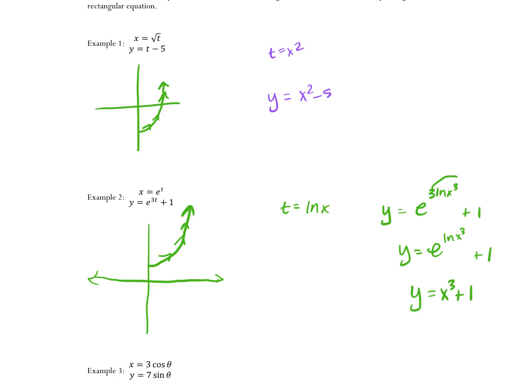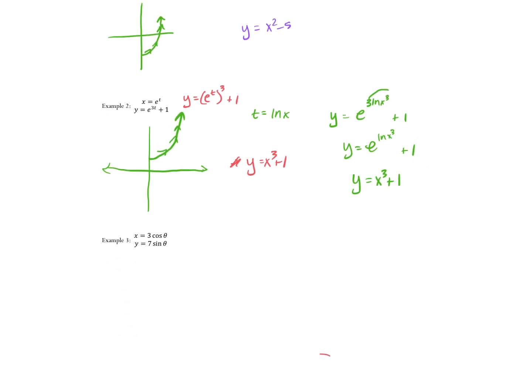However, if you look at that y equation, you could think of that as y equals e to the t to the third power plus 1. And what do we know about e to the t? It's x, so that's y, and think of that as y equals x cubed plus 1 from there. Like, that's fine too. Whatever makes more sense to you is fine with me.